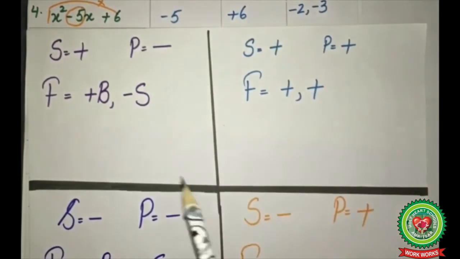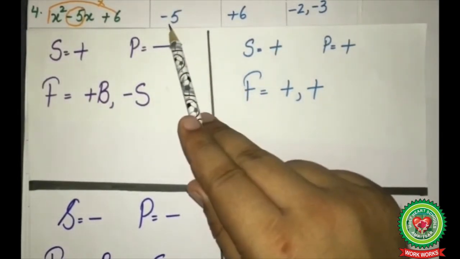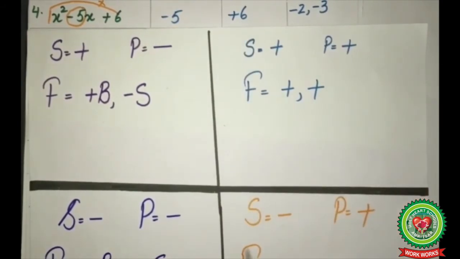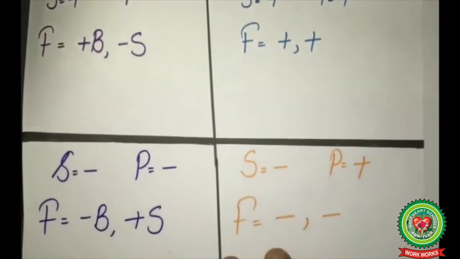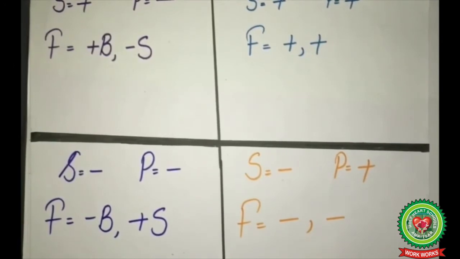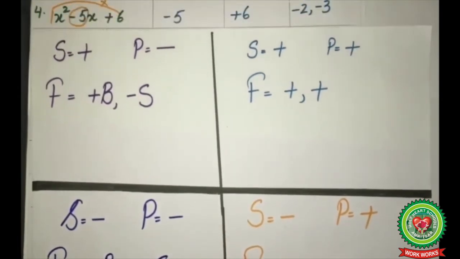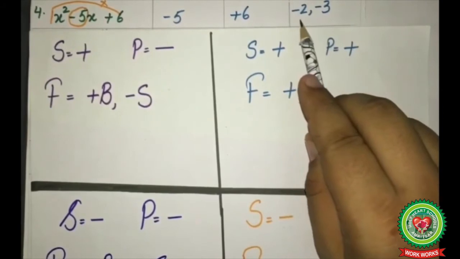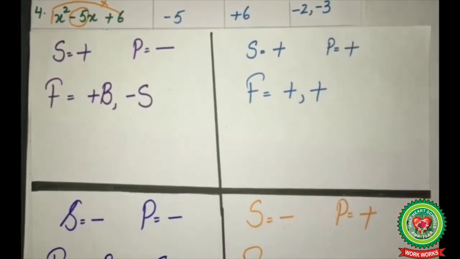Now we see that the sum has the minus sign and the product has the plus sign, so both the factors will have the minus sign. So the two numbers which give the sum as minus 5 and the product as plus 6 are minus 2 and minus 3.